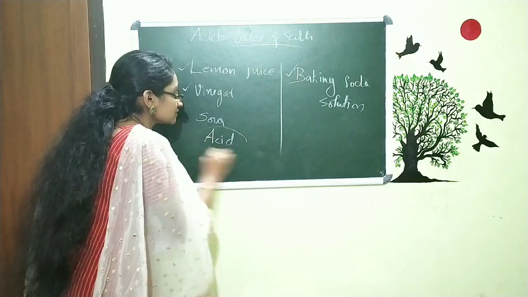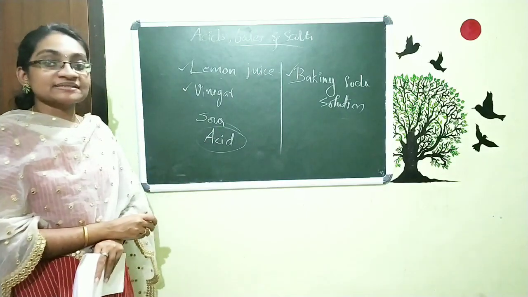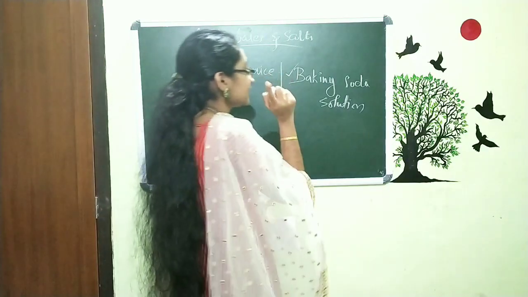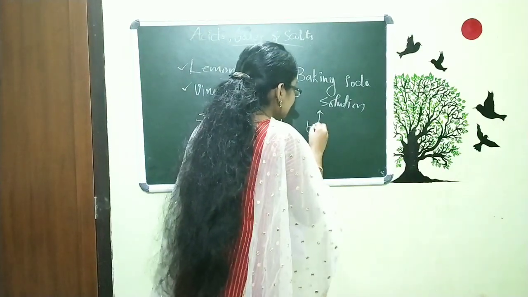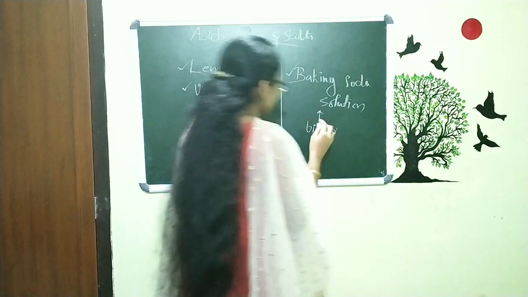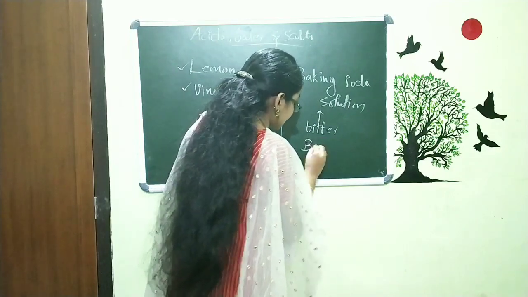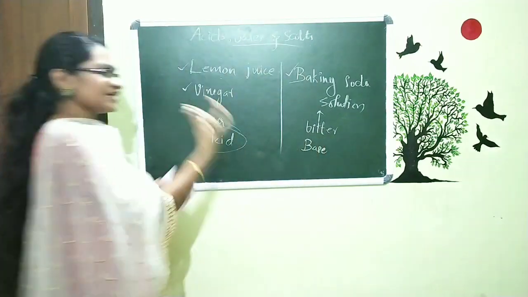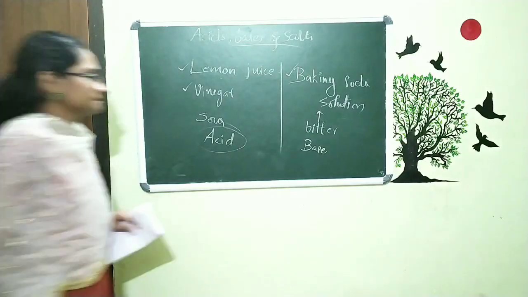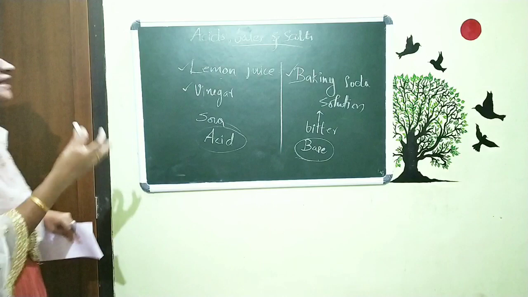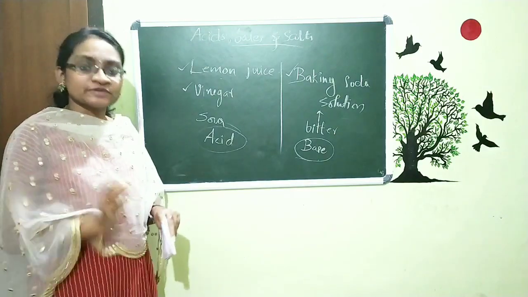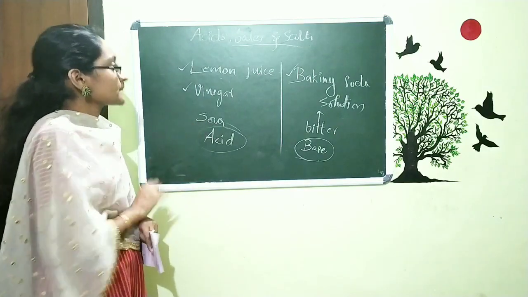Things that taste sour we can say are acids, and when we taste the baking soda solution we feel it as bitter and we can say it is a base. This is only a general type of classification. So we can identify the acid and base. If it is possible to taste, then it will be like this.